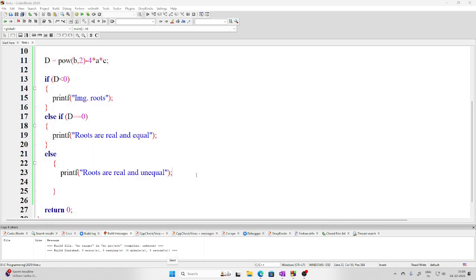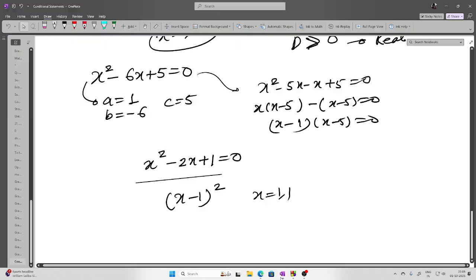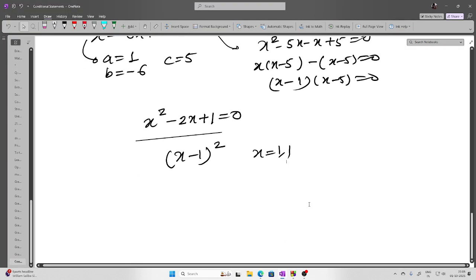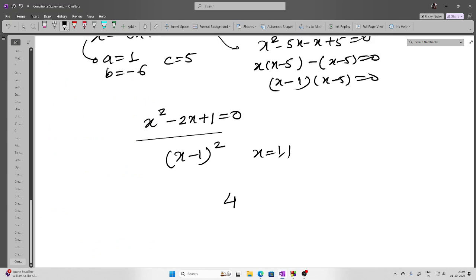Similarly, you can also check for the case where the discriminant will come out as negative. So let us check one. If I write 4x square minus x plus 1 is equal to 0. Now what is b? It is minus 1. So b square will be 1, minus 4.